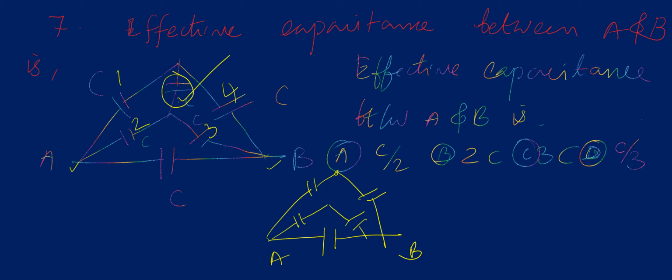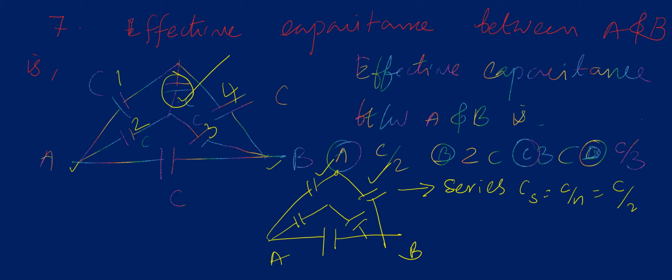And now we know that these two are in series connection, and they are equal also. So in series connection, effective capacitance is C by N. Here C divided by 2, as there are two capacitors.